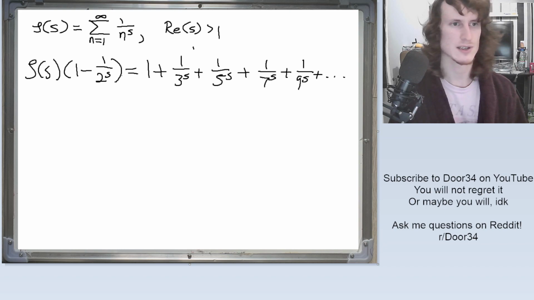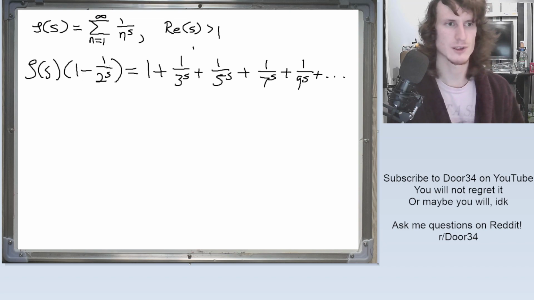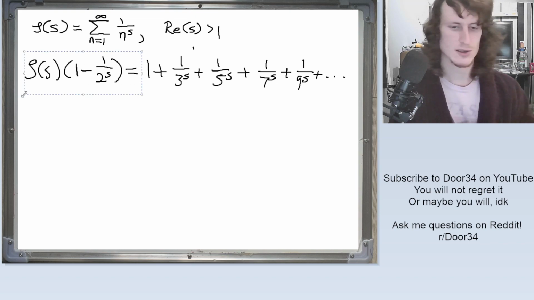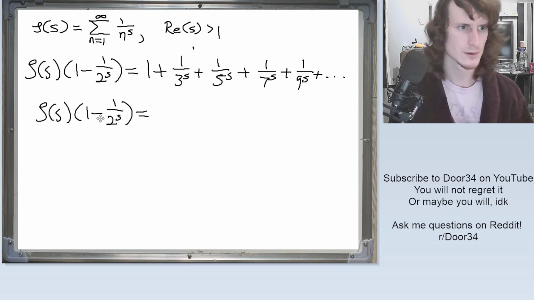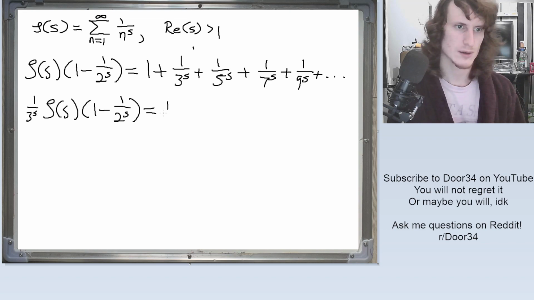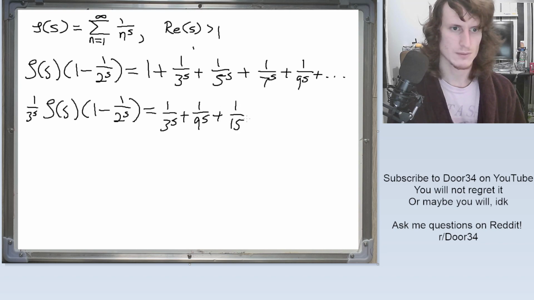I'm going to take this entire thing, with this factor of 1 minus 1 over 2 to the S as well, and multiply it by 1 over 3 to the S. So 1 over 3 to the S times all this is going to be 1 over 3 to the S, this term here, 1 over 9 to the S, add on 1 over 15, 1 over 21 to the S, and 27, and so on.